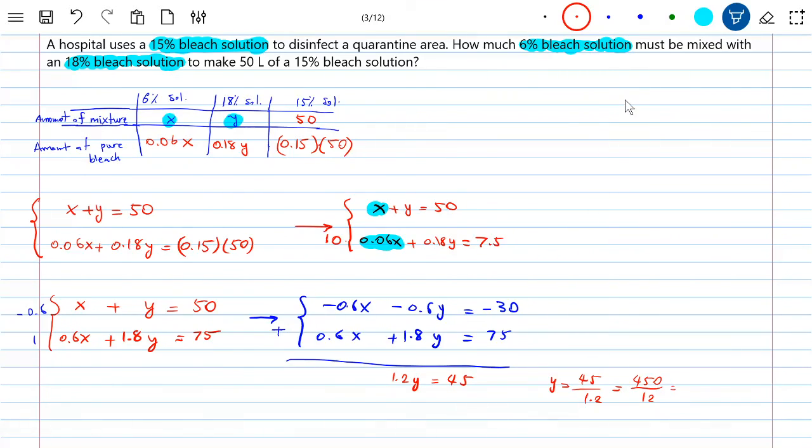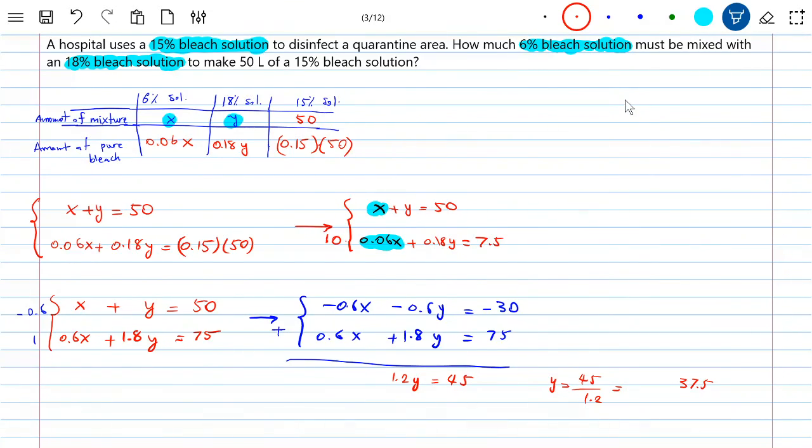Where is the calculator? Okay, 45 divided by 1.2. That's 37.5. So here you will get 37.5. I was hoping to use a fraction, but 37.5 is good.